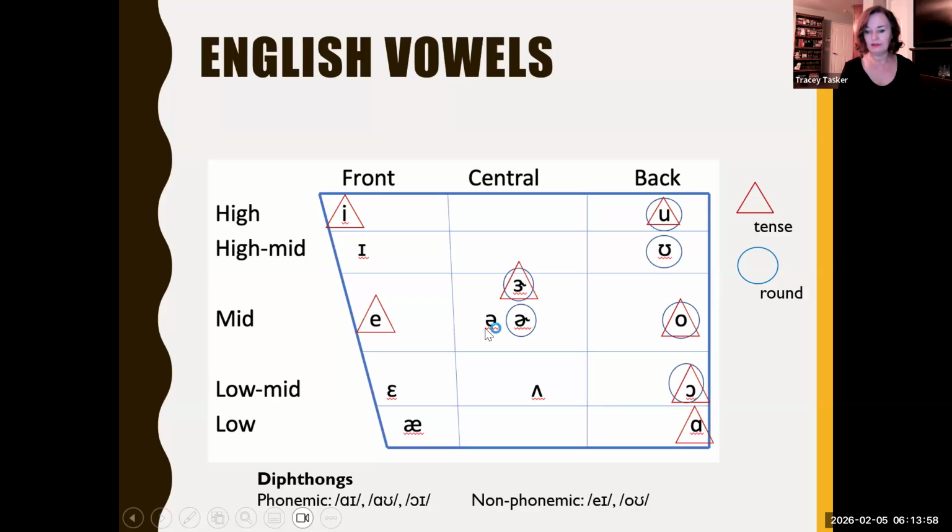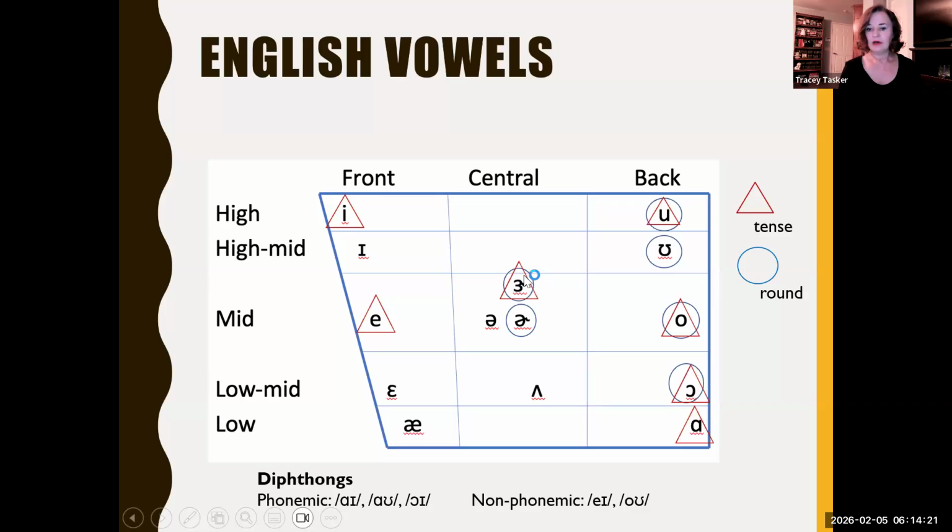Really, the way to think of the schwa is as the unstressed syllable. So often in connected speech, when we're talking, the schwa is what often gets left out. I'll give you some examples when we talk about the schwa.